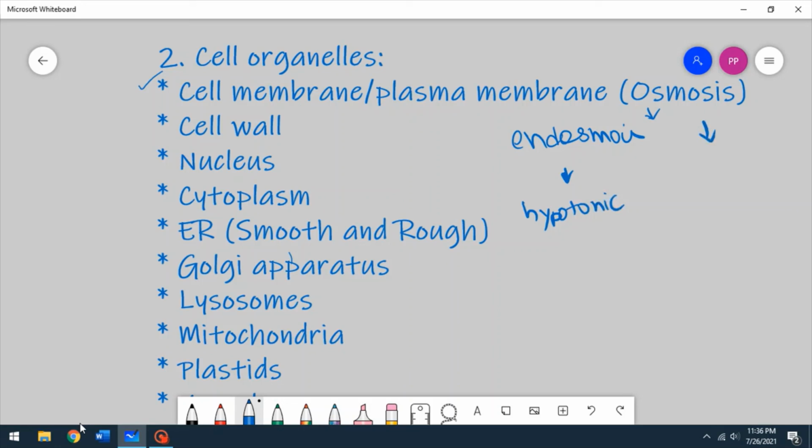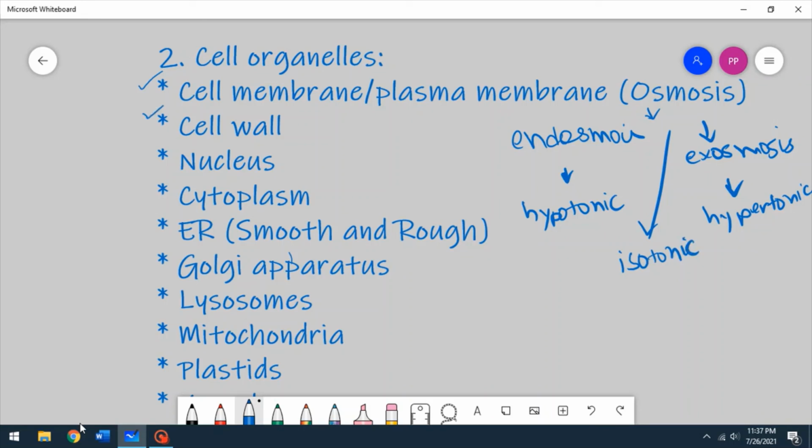And we talked about exosmosis, which is seen in hypertonic solutions. And we also talked about isotonic solutions, in which there is neither endosmosis nor exosmosis.